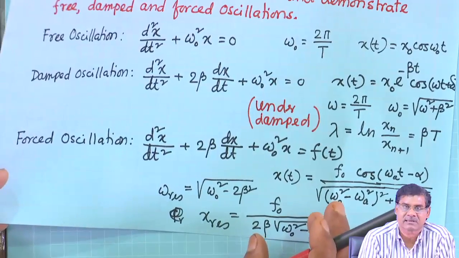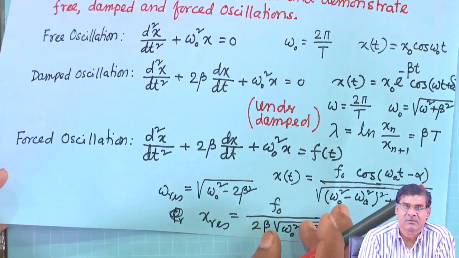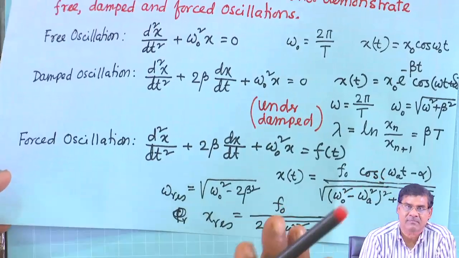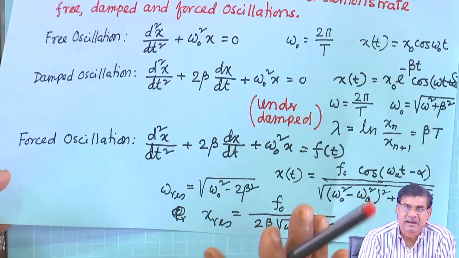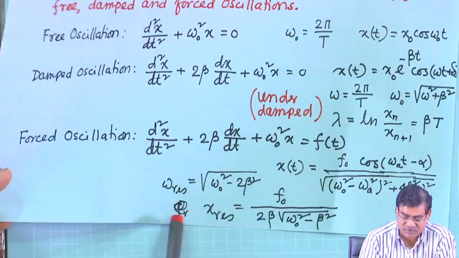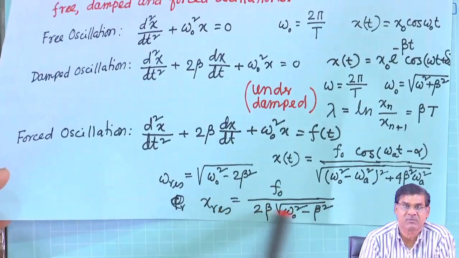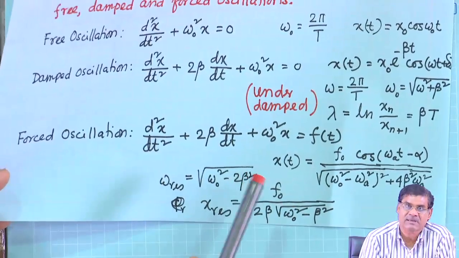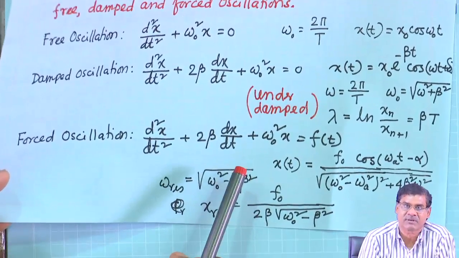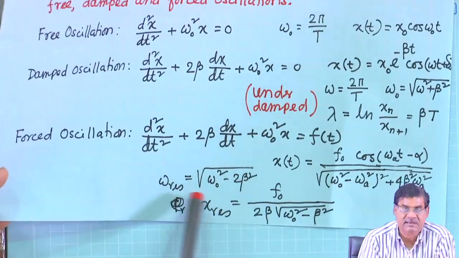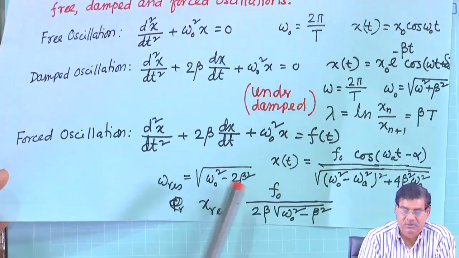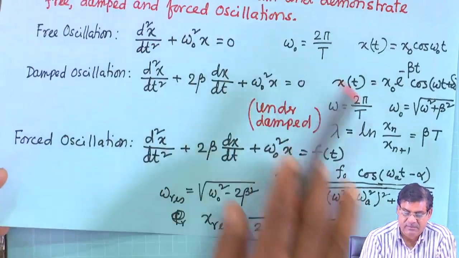That we call resonance. And what will be the amplitude at resonance condition, and at which frequency the resonance will come? This relation gives that. Okay.